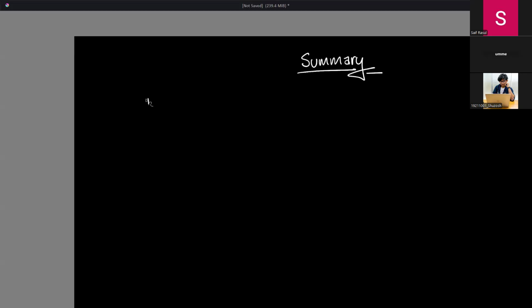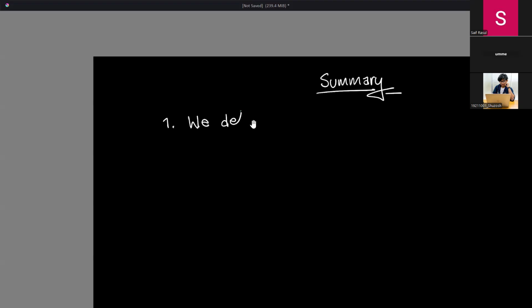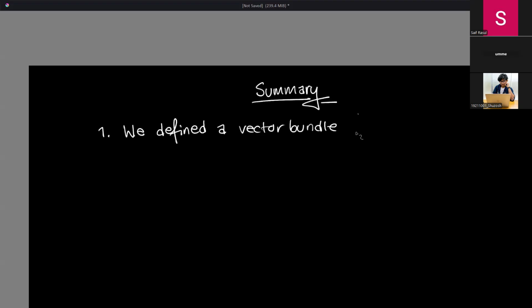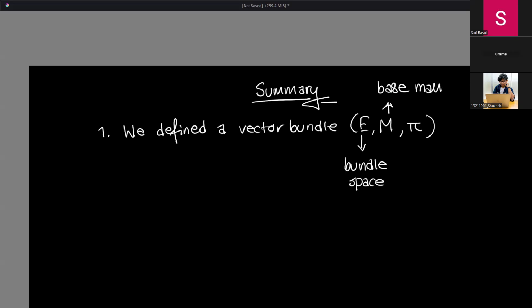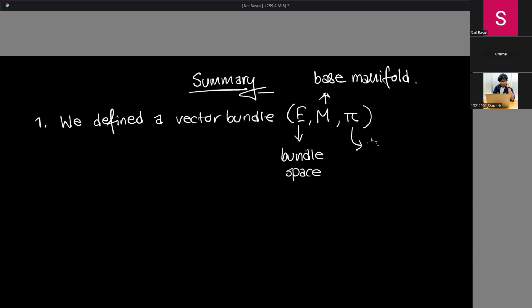Number one, we defined a vector bundle, which was (E, M, pi), where E is the bundle space, M is the base manifold, and pi is called the bundle projection map.